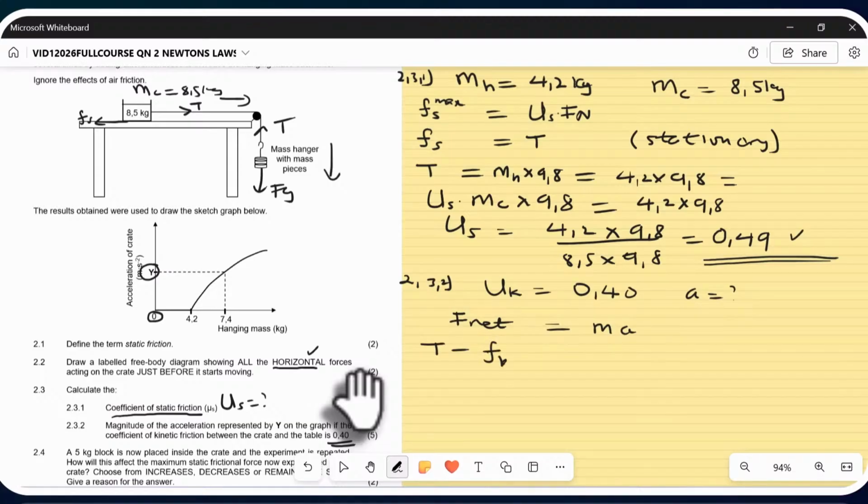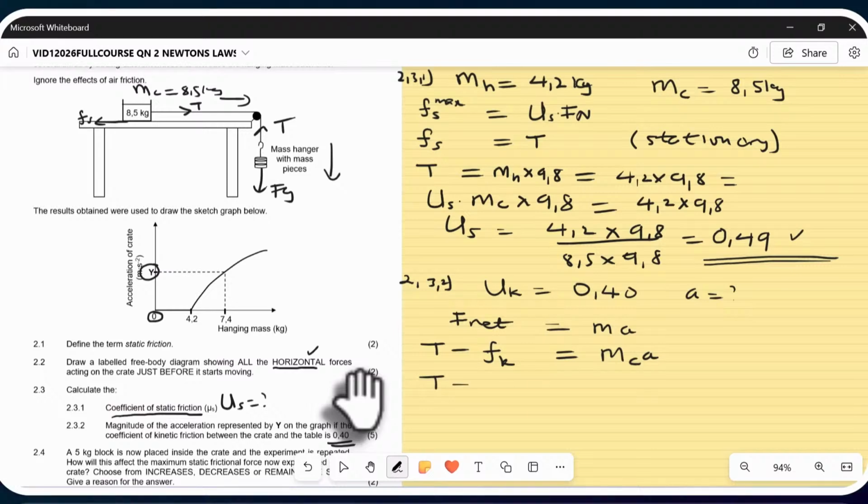Now for the one which is going downwards, the tension force T minus Fg, not T, should be Fg now, right guys?